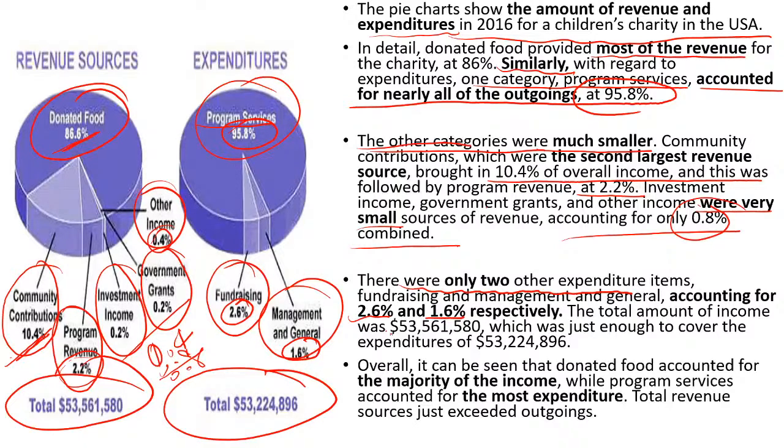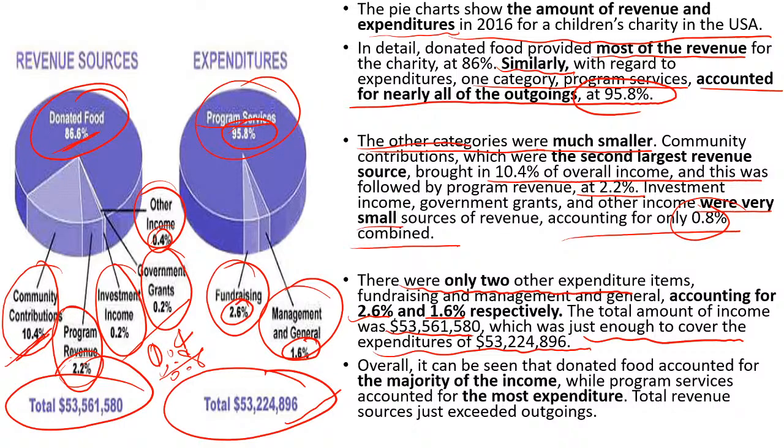The total income was just enough to cover the expenditure of 53,224,896. Because this is the highest one, they got more revenue and have less expenses, so it is easy for them to manage their expenditure.